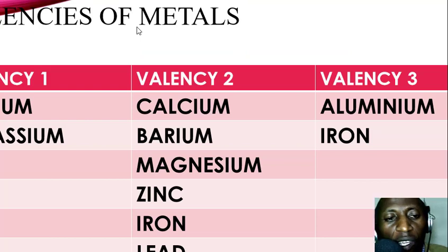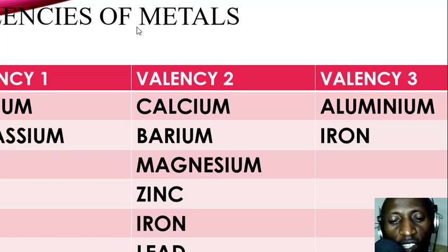Now, when we are discussing how to write the chemical formula, it is very important to recognize the chief item. The chief item here is to master two things. One, the valency of various elements, be they metals or non-metals.